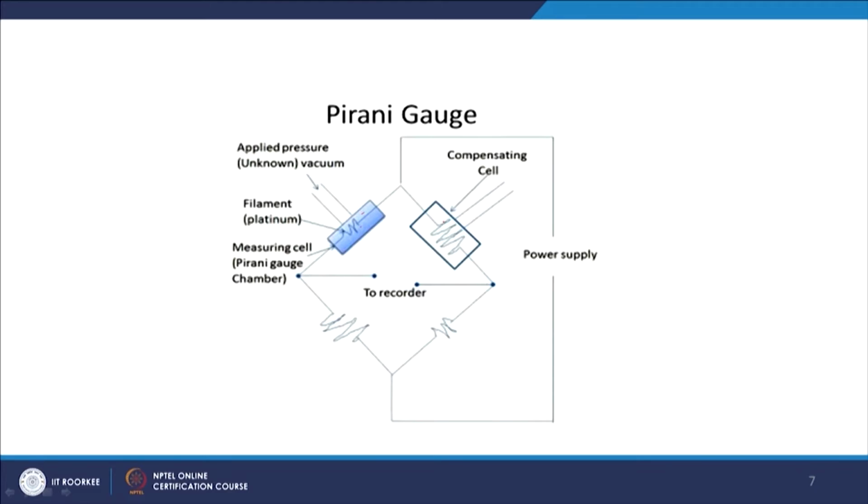On the other side, just like a Wheatstone bridge diagram, you have a compensating cell, and then there are 2 resistors on the 2 other sides. This is connected to a recorder and everything is connected to a power supply. So, this compensating cell basically balances the current coming out from the measuring cell, and these 2 values are almost constant, and we record the deflection from the recorder.